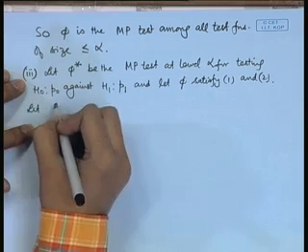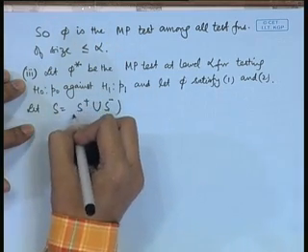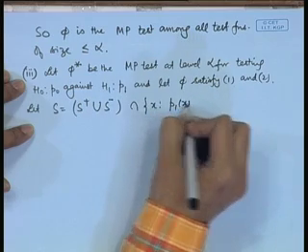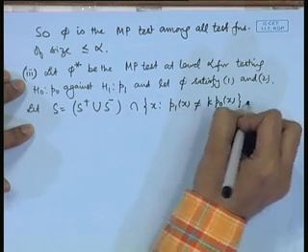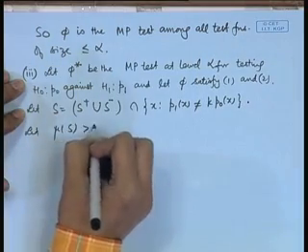Let us take, say, S is equal to S plus union S minus intersection the set of the values for which P1 x is not equal to k P naught x. Let mu of S be positive.